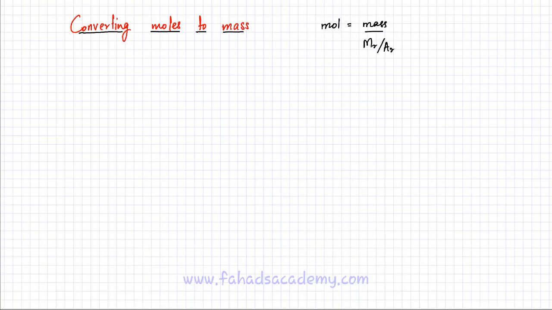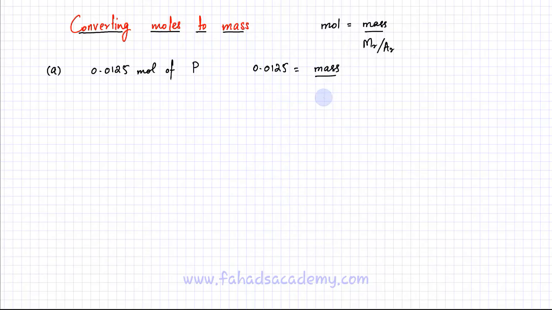The first question that we will do is, let's try and find out the mass of 0.0125 moles of phosphorus. Now we're going to use the formula. We know the moles, which is 0.0125, and we want to find out the mass. So the mass is unknown, and we're going to divide it by the MR or AR of phosphorus.